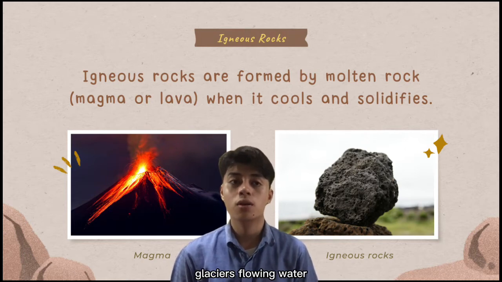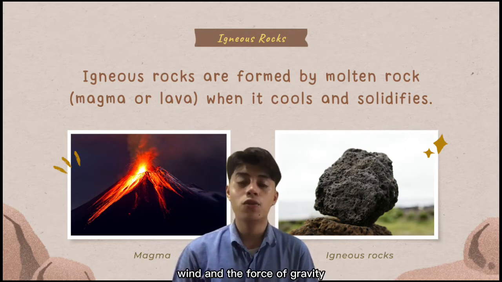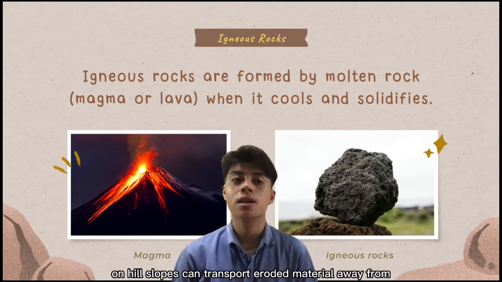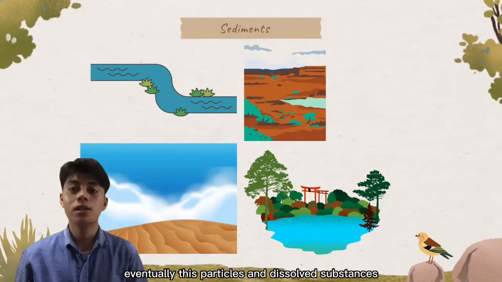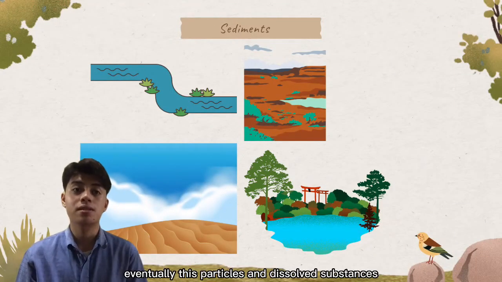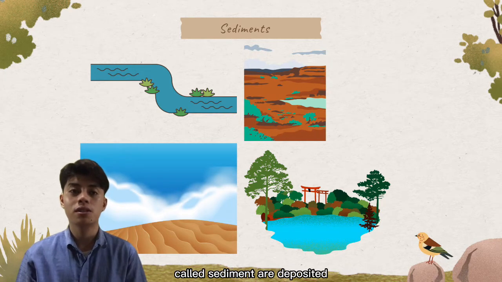Glaciers, flowing water, wind, and the force of gravity on hill slopes can transport eroded material away from where it originated. Eventually, these particles and dissolved substances, called sediment, are deposited.